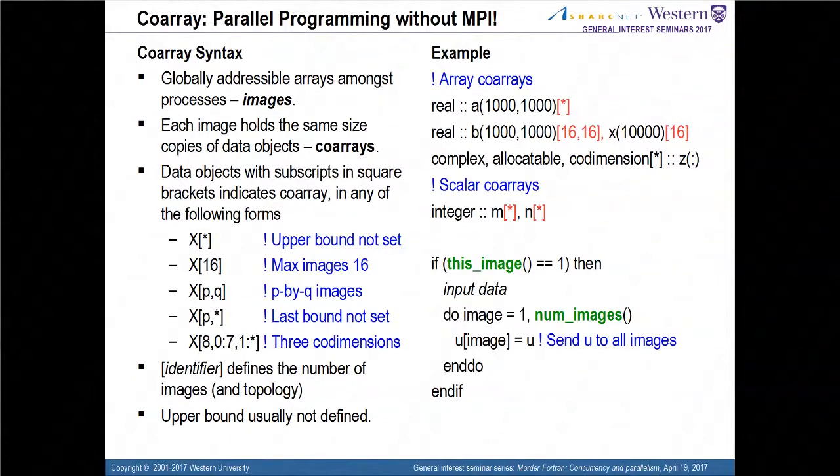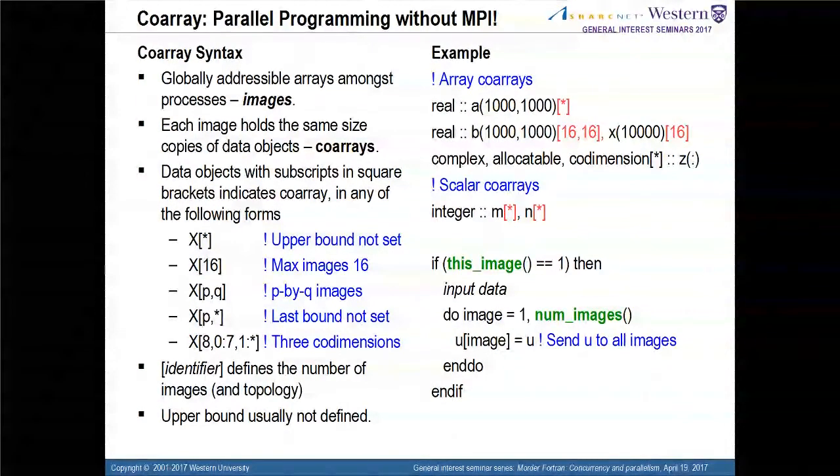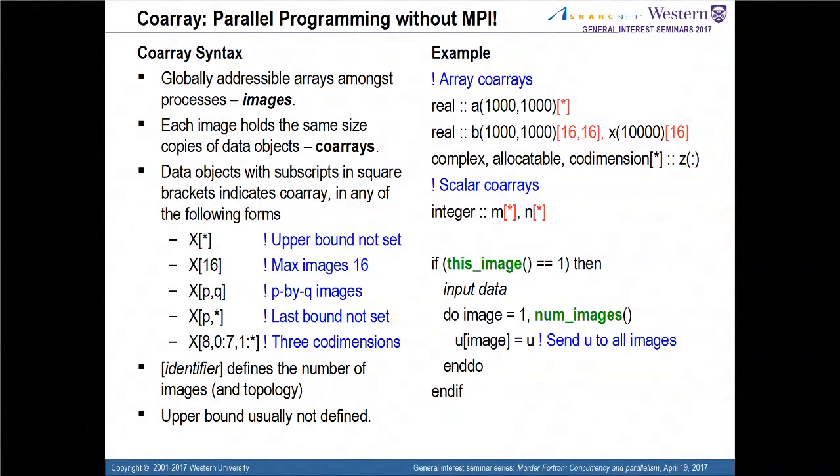By coarray we refer to the processes. We don't know ahead of time how many processes will be used, so we simply put a star, which is allowed, for one dimension. Or if you want to specify an explicit topology in parallel processing, you can define a two-dimensional grid. So if I want to use a 16 by 16 process grid, you can define a coarray in this way.